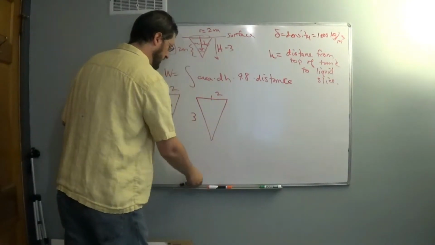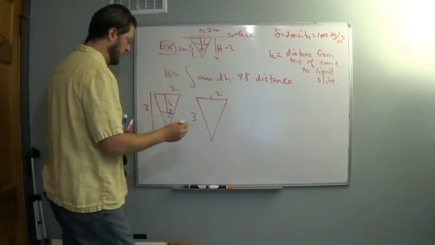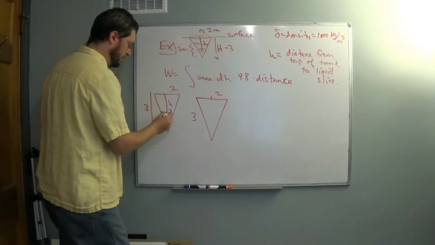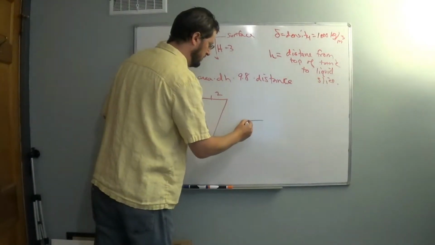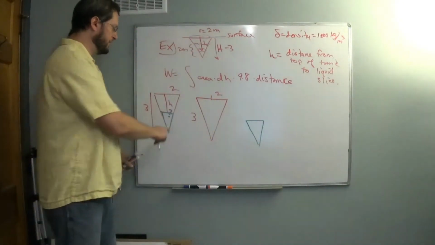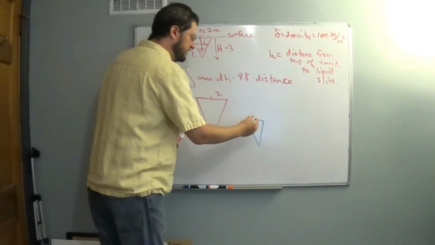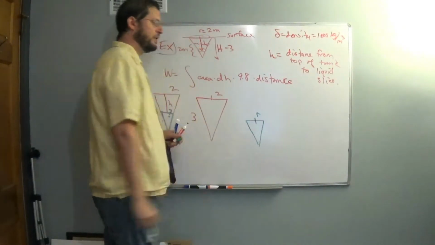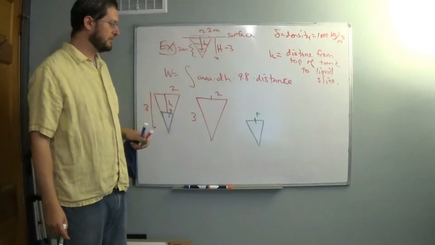My small triangle is this one right here. This green one. So we have to be careful. The green one, this blue question mark is what I wanted to know. So this is what we don't know, and let's call that R for radius. So that's the radius of the circle, h units down.